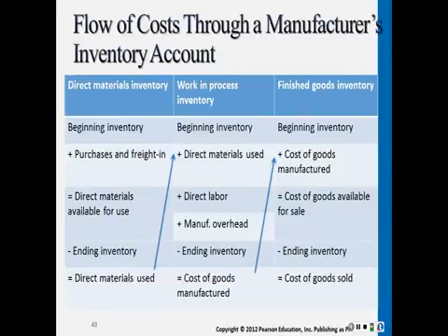This table shows the flow of costs through three inventory accounts. You can see how the bottom line of one schedule flows to the next. Also notice that each schedule starts with beginning inventory, has items added, and then ending inventory is subtracted.